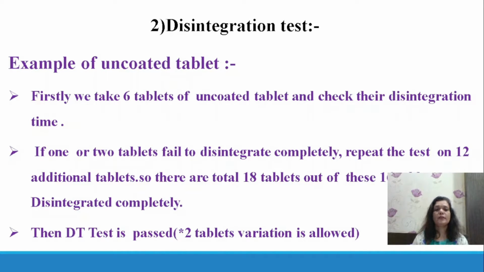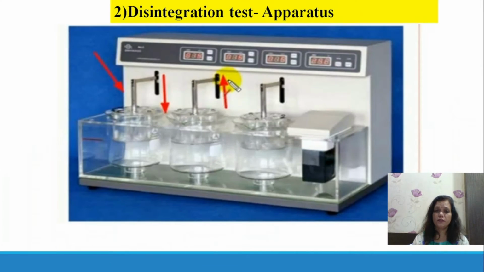For uncoated tablets also we can go in a similar way, where 6 tablets are taken and we check their disintegration, and if 1 or 2 tablets fail to disintegrate completely, repeat the test again with 12 tablets or 18 tablets to carry out further evaluation with respect to the disintegration test.